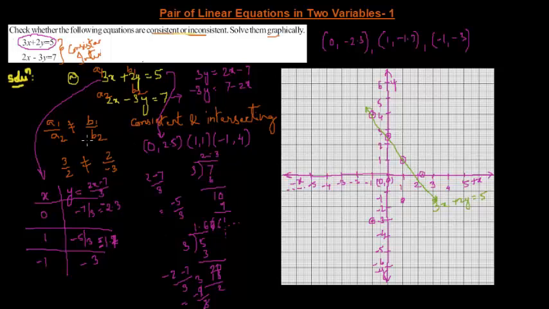So when I join the line, I get a point of intersection, which is the solution of this pair of linear equations. In the next video, we'll solve some more problems related to pair of linear equations.